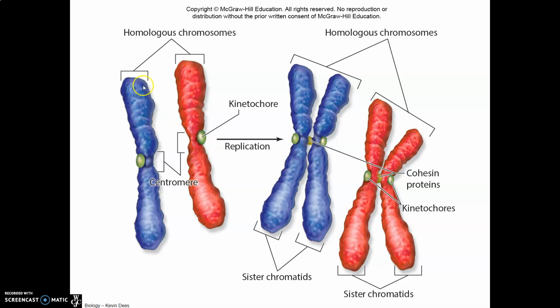Now, after DNA replication occurs, the chromosomes have been duplicated. And so this replicated homologous chromosome consists now of a pair of sister chromatids that are joined by the centromere region. So here we see a replicated pair of homologous chromosomes.